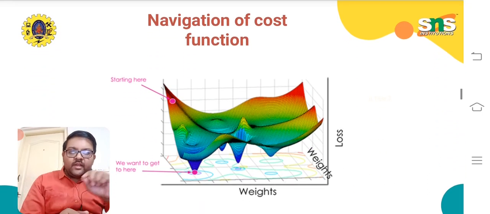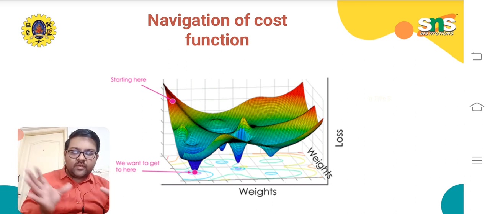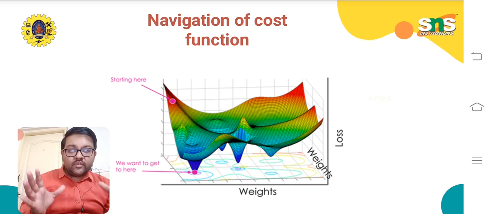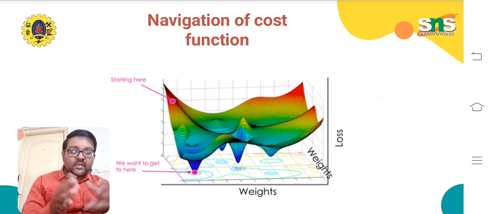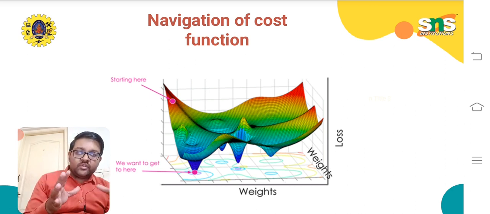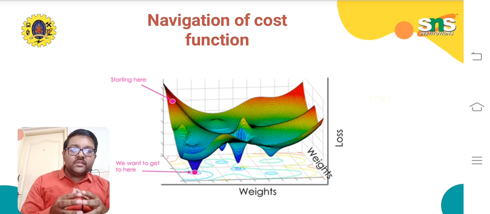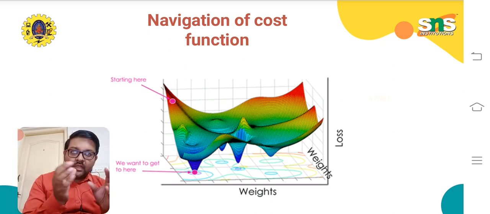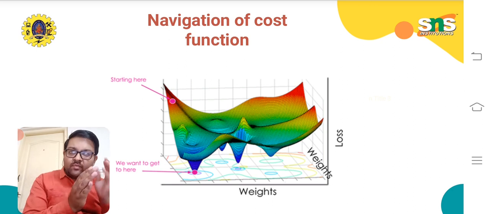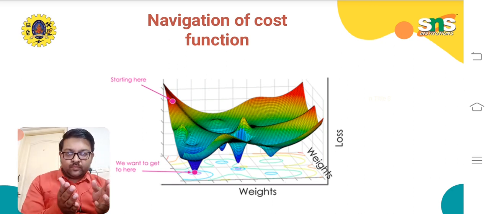Now we want to find that minimum point. In that curve of the cost function, the curve of the weights and the loss, it's a three-dimensional curve. In this diagram you can see a three-dimensional curve. We are going to navigate through this curve to find the point where the cost function is minimum.